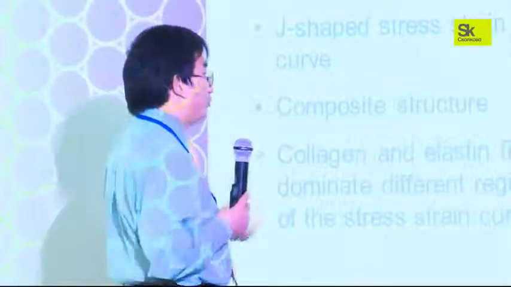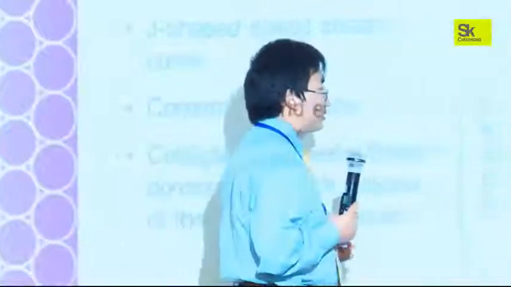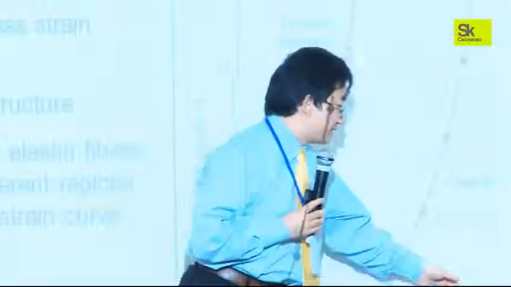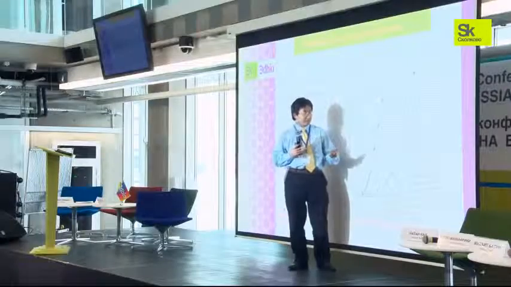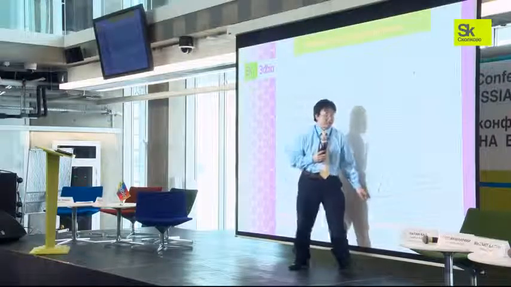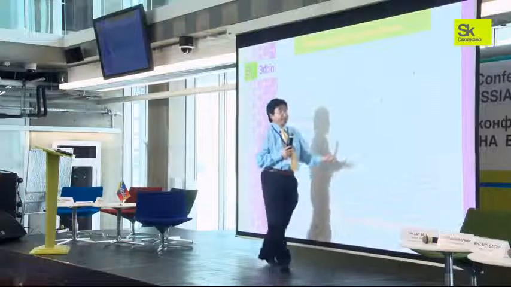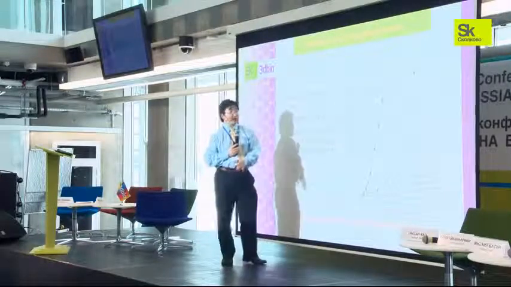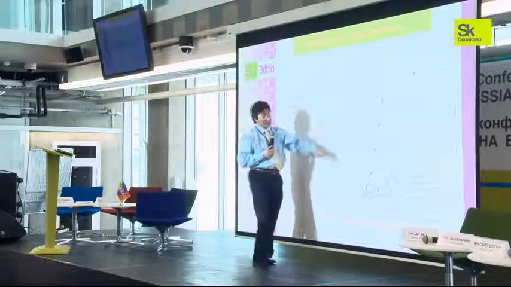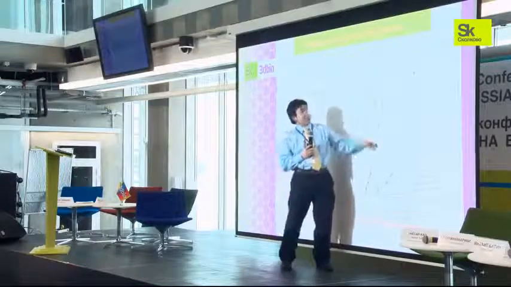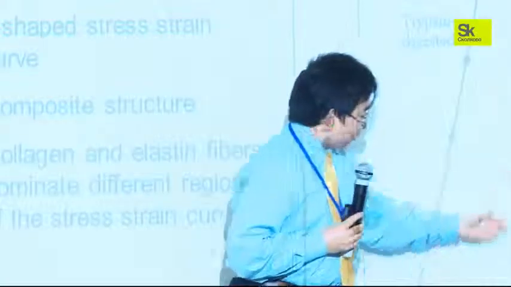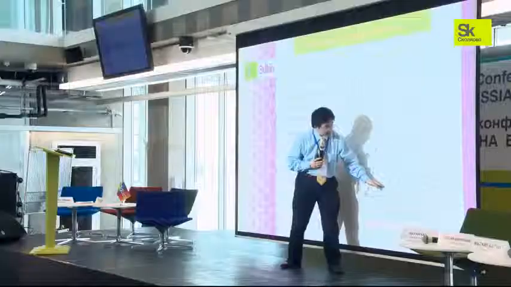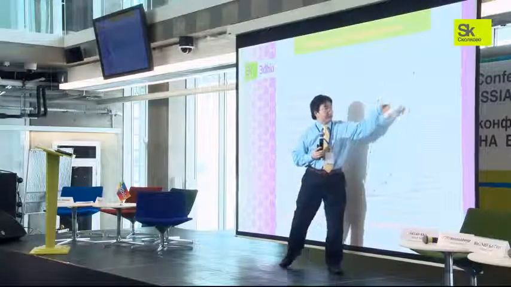If you remove the collagen using formic acid, what is left is elastin, and the vessels are very, very elastic. If you remove all the elastin using trypsin, then the mechanical property of the vessel becomes very stiff. But the control is very elastic in the initial part and stiff in the later part.